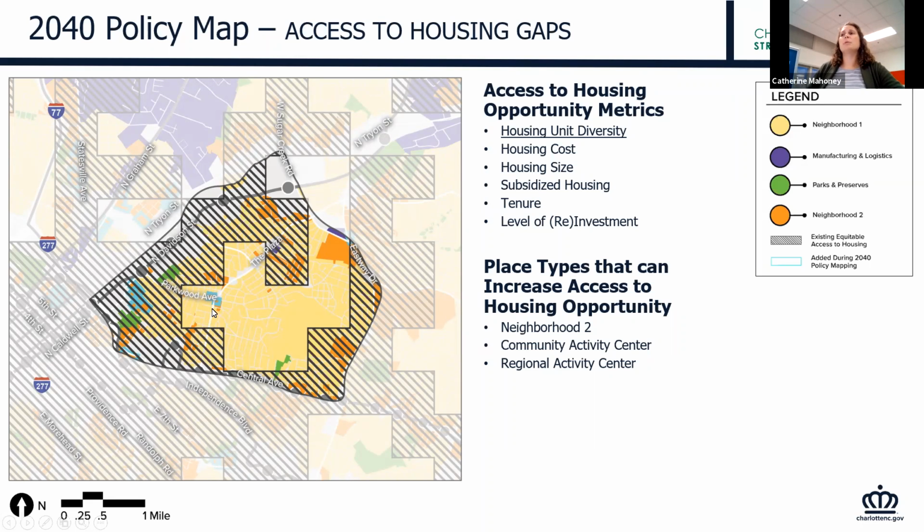So what we tried to do from a place type perspective, we know neighborhood 2 and our activity centers can provide a diversification of housing. And so we looked for opportunities to recommend those place types in this gap area. However, due to a lot of the existing development, there were few opportunities. And so you can see we were only able to recommend neighborhood 2 along Parkwood and the plaza.